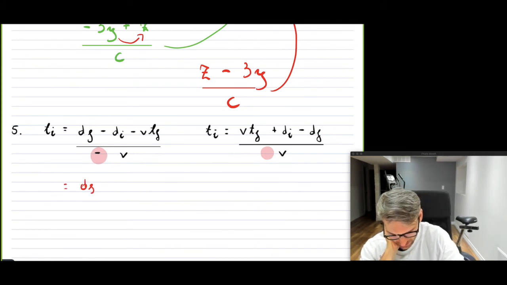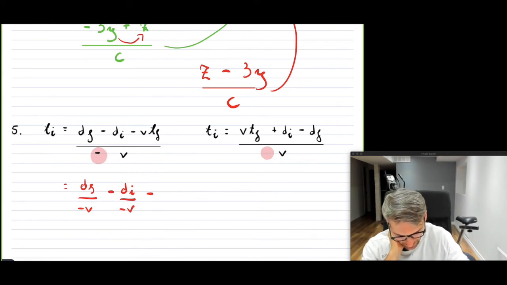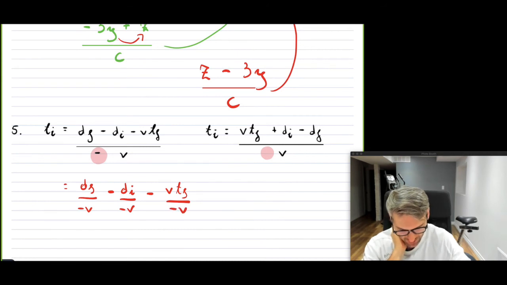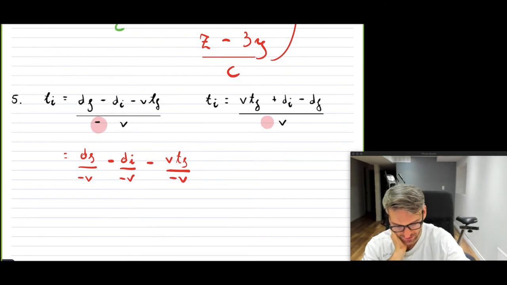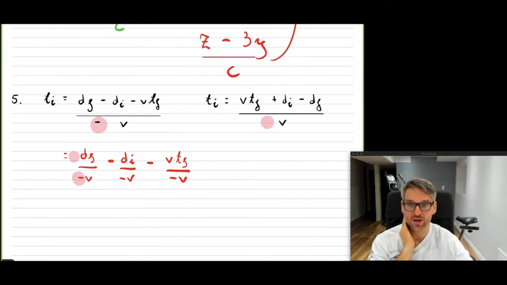So what they've done is this. They've said, okay, I have df over negative v, and then negative di over negative v, and then negative v tf. So I'm just writing it in fractions, like you would normally. So what they have done now is they have combined this and the positive there.